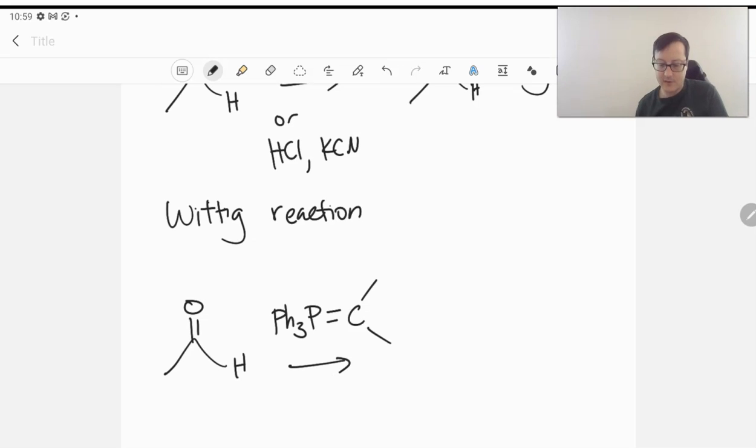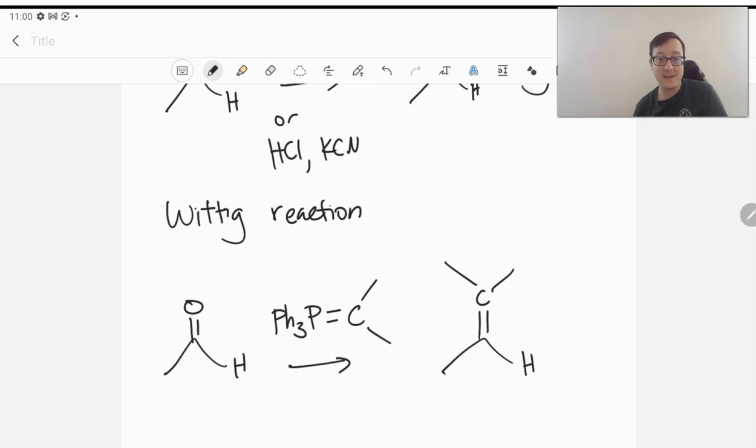In the presence of this reagent, which is called a Wittig reagent, which we'll look at shortly, what you end up doing is you end up attaching your carbon now right where the oxygen is. So you essentially replace your oxygen with an alkene with whatever groups you happen to have on it. So in this case, they were both methyl groups. And again, I seem to have forgotten another hydrogen.